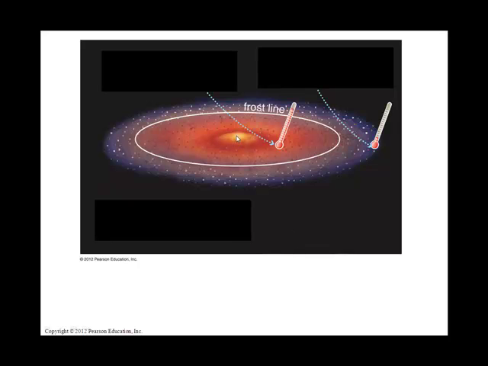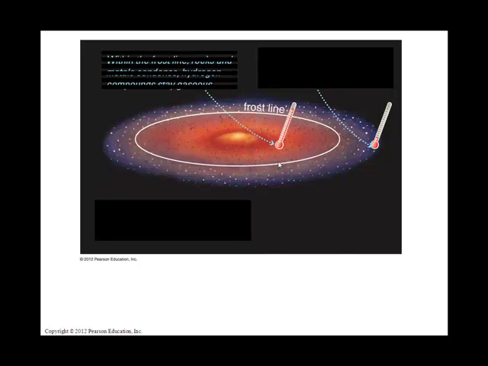So what we have here is this little blob in the middle, our proto-sun, which eventually is going to begin nuclear fusion in its core and eventually become a full-fledged star and be our sun. Right now it's a proto-sun. And we have a white line here called the frost line, but it's not your typical frost line.